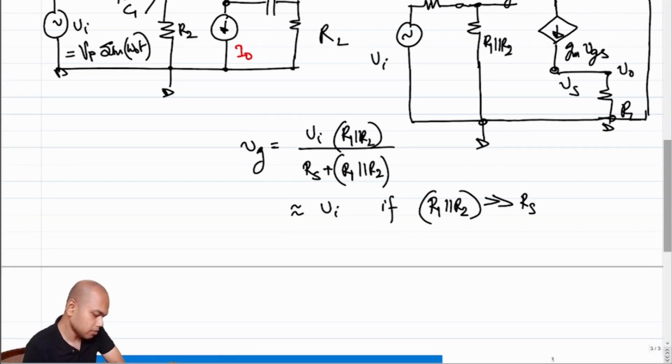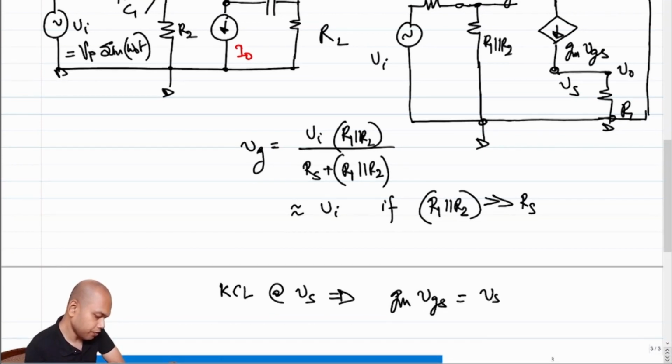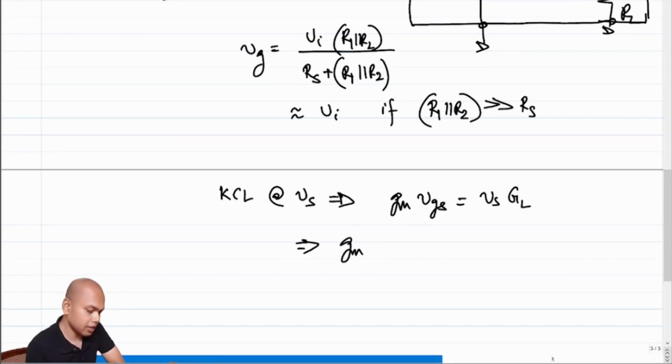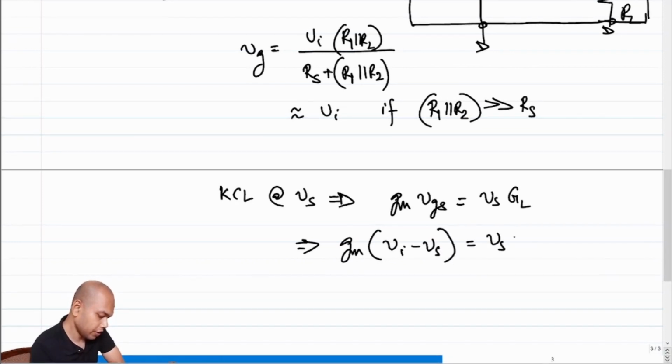What about Vs? In order to figure out Vs, what we need to do? We need to solve the KCL at the node Vs, right? KCL at Vs will lead to Gm times VGS will be Vs times GL, where GL is of course 1 over RL, which is Gm times Vg minus Vs, which is Vi minus Vs, which is equal to Vs times GL.